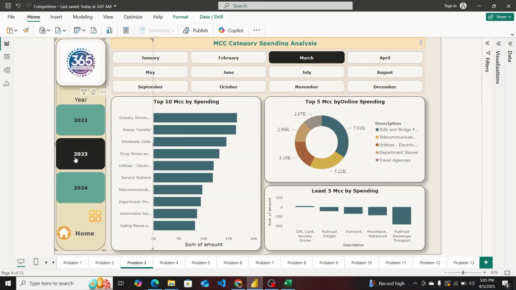If we select the year 2023, this is the data of March 2023. So we can see that the groceries in the stores volume has increased in March 2023, and other things remain the same. So that's all for problem 3. Let's dive into problem 4.